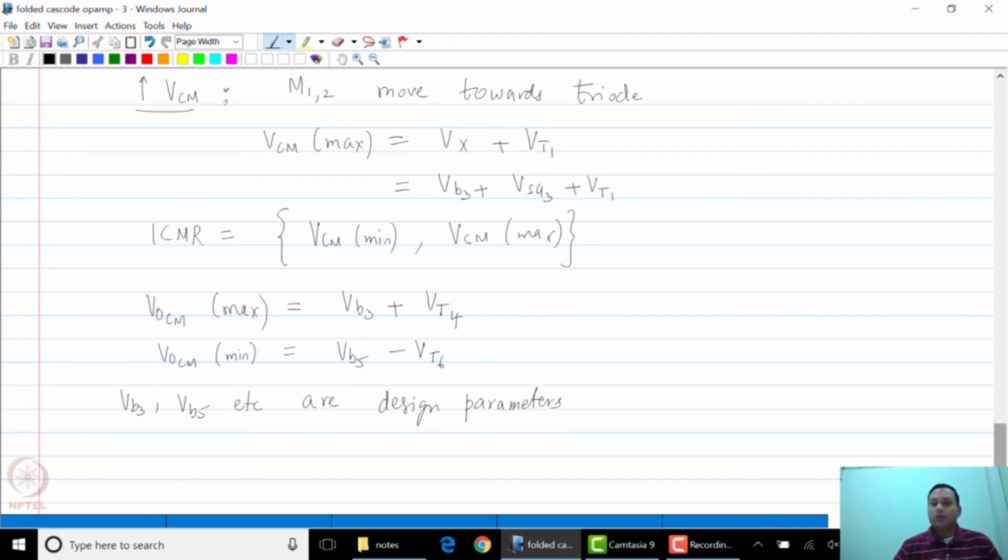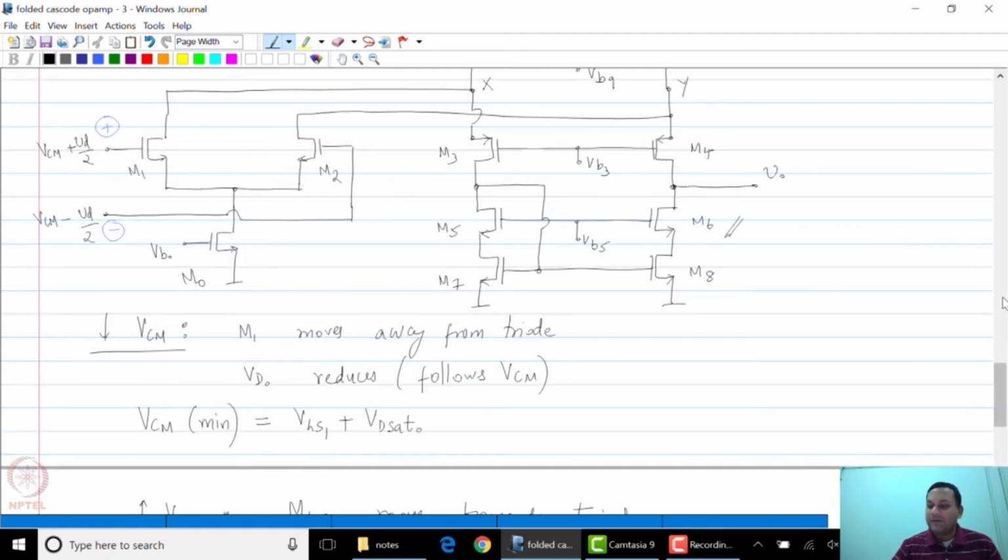For example, you could design a current mirror consisting of M5, M6, M7, M8 to be biased such that the output can go as low as 2 VDsat.